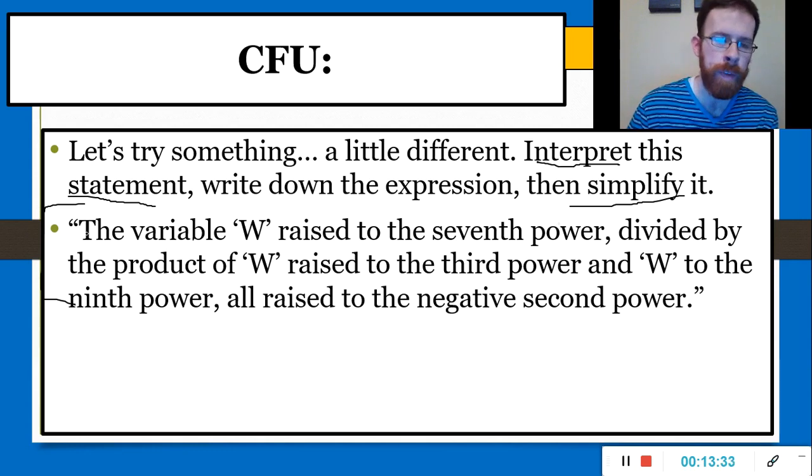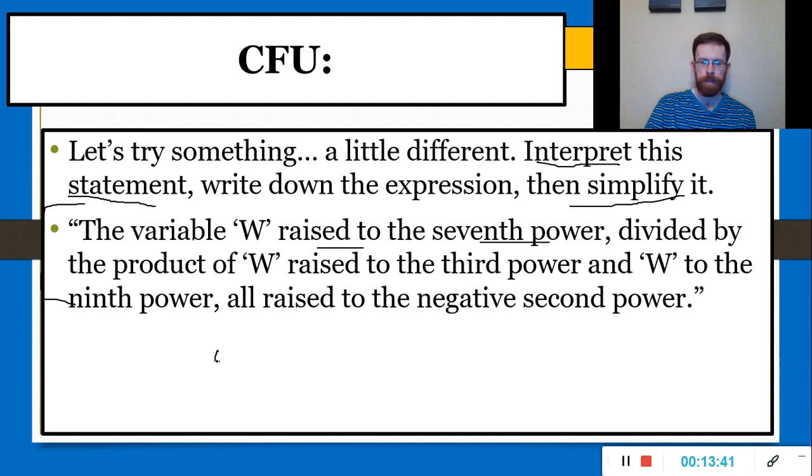Alright. The variable w raised to the 7th power. So whatever I have, it's raised to the 7th power. Divided by the product. Product means multiplication, so I've got a multiplication down here, of w raised to the 3rd power and w to the 9th power.